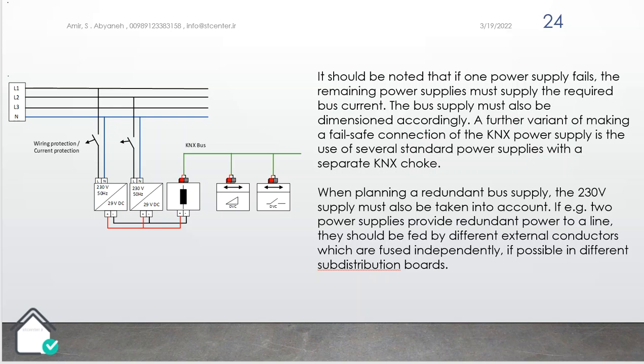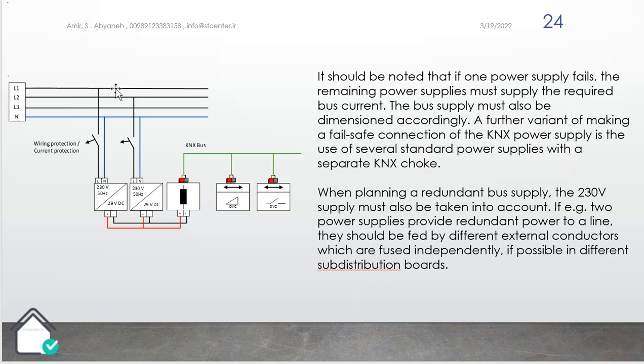Look at this picture. The first power supply unit is connected to L1, line 1, 230 volt from the utility, and the second power supply unit is connected to the second line of the 230 volt, L2, okay, because we want to increase the safe planning.